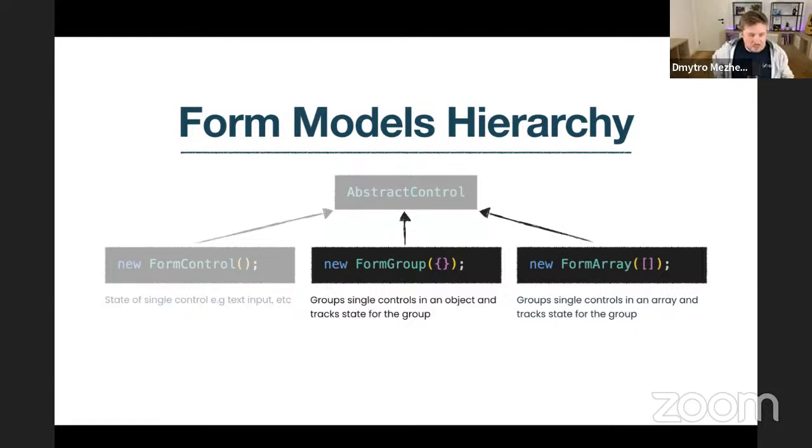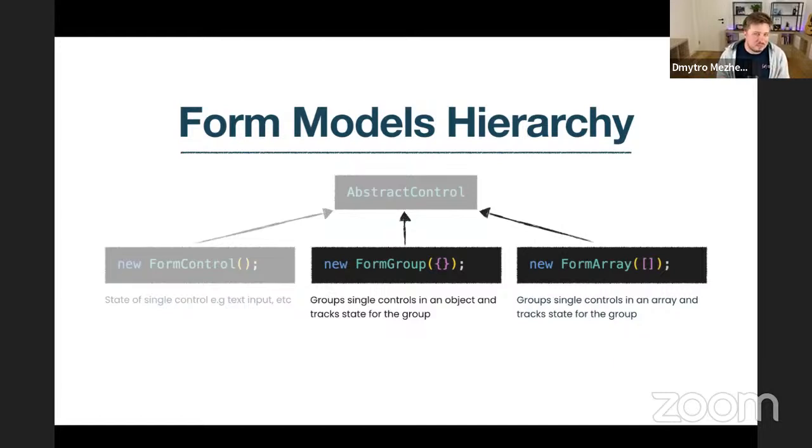So those models just group single controls, like our form controls, into some data structures. Form group combines everything in one object, and form array combines everything in an array, because sometimes it is much easier to combine data in an array, since sometimes we have an open-ended list, meaning that we don't know how many controls will be there.